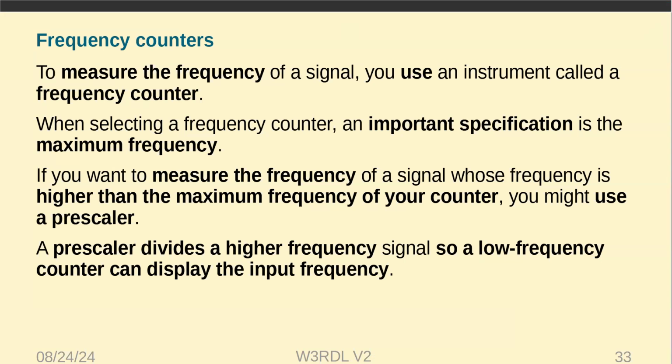It may be different than what you're seeing displayed. There's possibly some error there. Normally they'll have a fixed range, and if you need to measure a frequency that's higher than the frequency counter, you have to add what's called a prescaler, where it divides the frequency down and presents a lower frequency to the frequency counter.